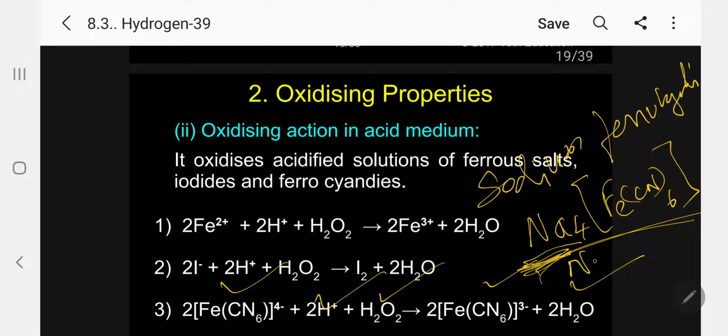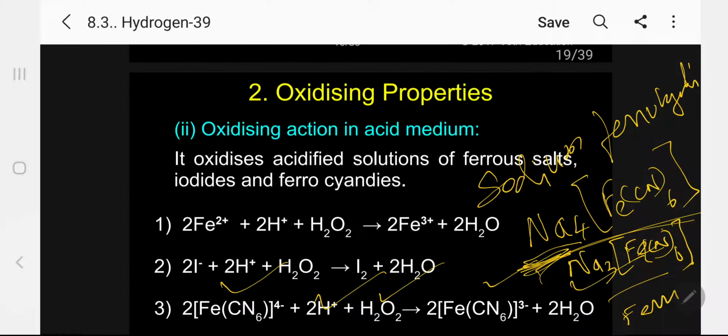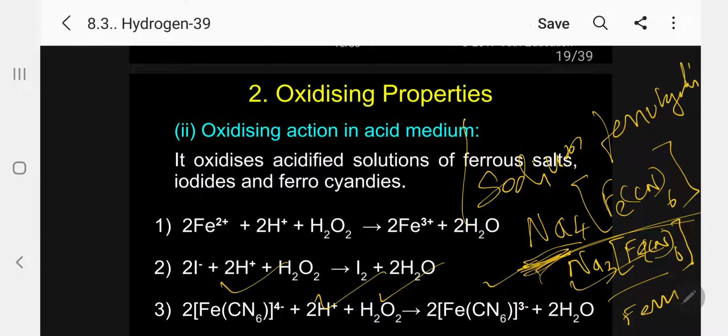That means Na3[Fe(CN)6], and the corresponding reaction. This is sodium ferrocyanide, ferrocyanide going to ferricyanide. Kindly follow. This is the important information. Kindly follow.